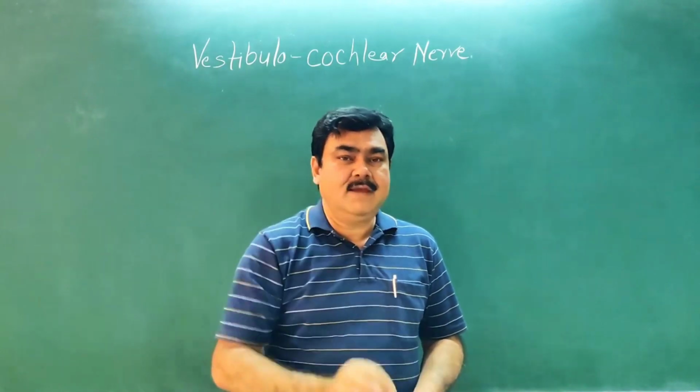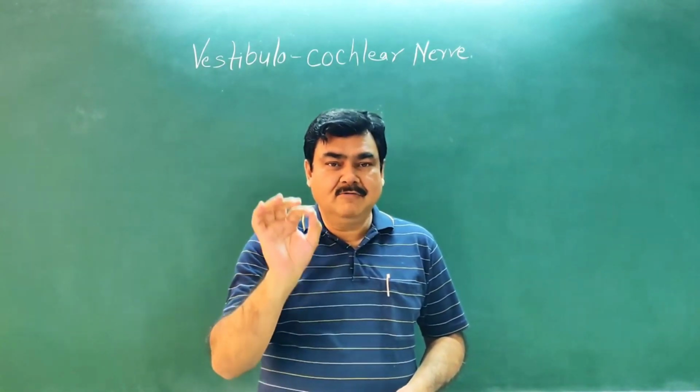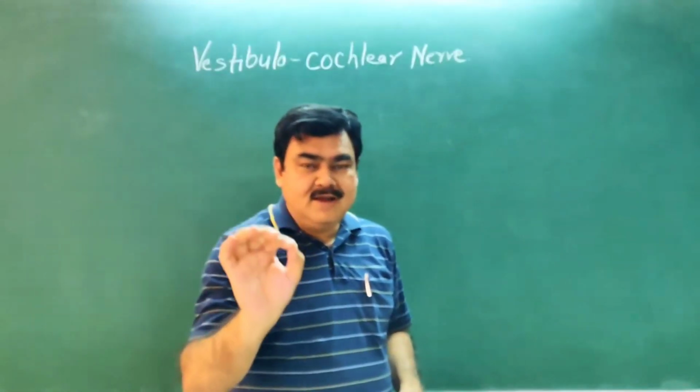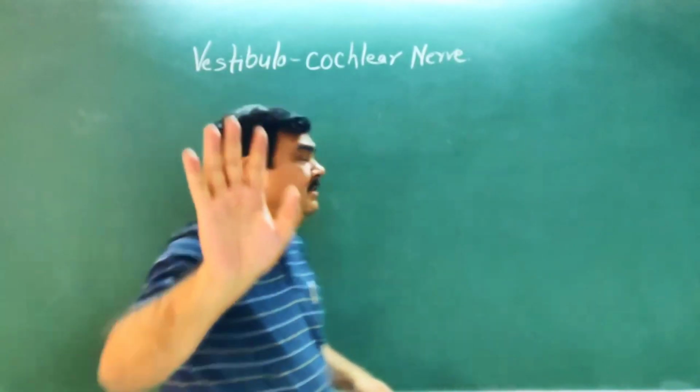Now we'll discuss the anatomy of vestibulo-cochlear nerve. Vestibulo-cochlear nerve is the 8th cranial nerve.